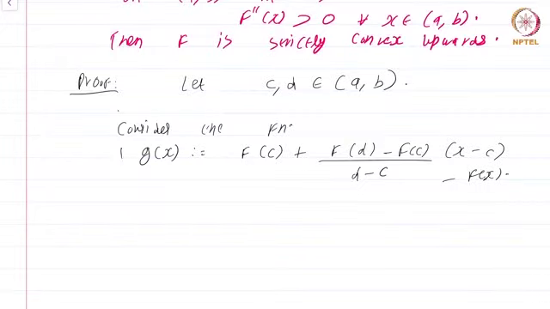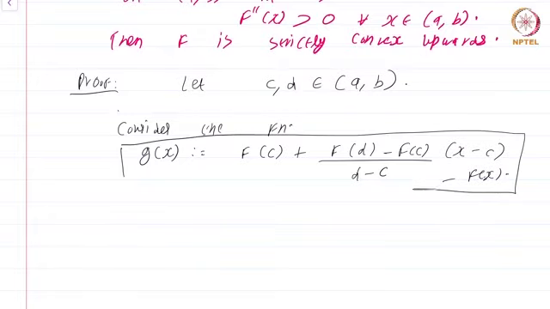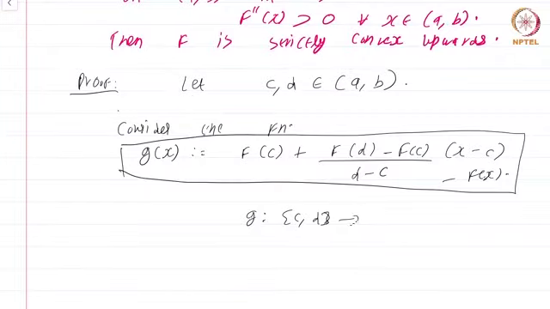Now this function should ring a bell. This is very similar to the function that we considered while proving the mean value theorem. What I'm essentially doing is considering the line passing through the points (c, f(c)) and (d, f(d)), and subtracting f(x) from this. As can be guessed, our goal is to show that this function g(x) is greater than 0 for all points x in the interval. So this function g is defined from [c,d] to R.